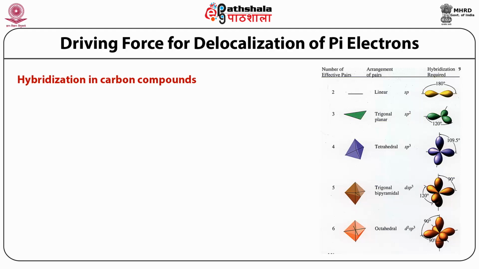Generally, when the 3dz2 orbital is mixed with 3s, 3px, 3py and 3pz orbitals, the resulting sp3d hybrid orbitals point towards the corners of a trigonal bipyramid.